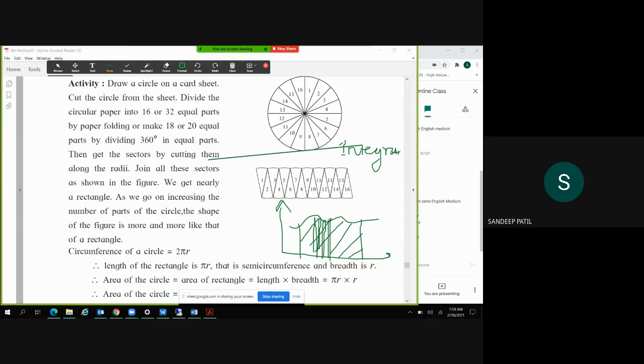Here we can see from the area of circle how that integration is used.